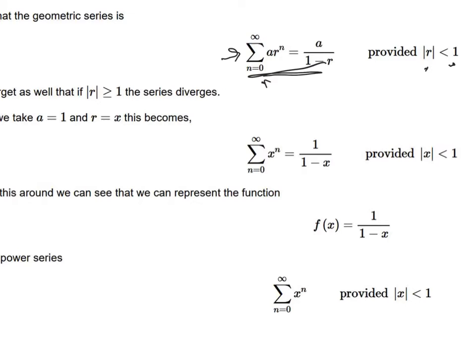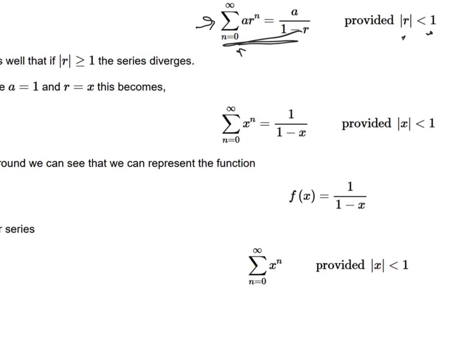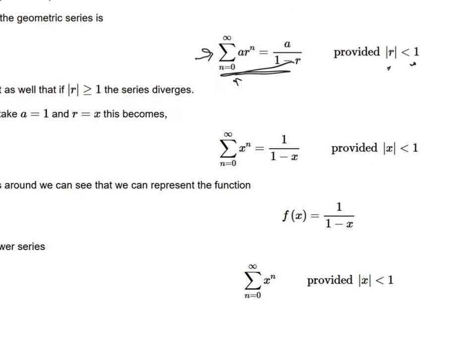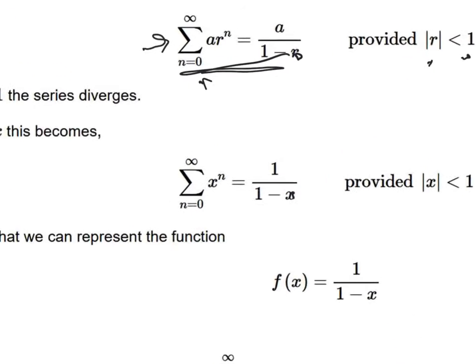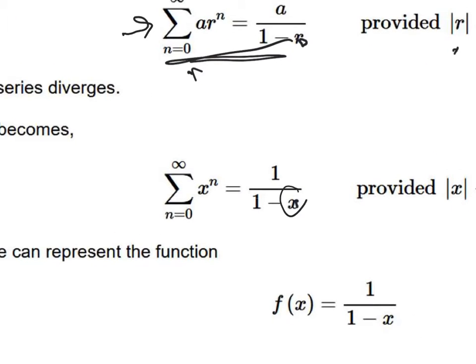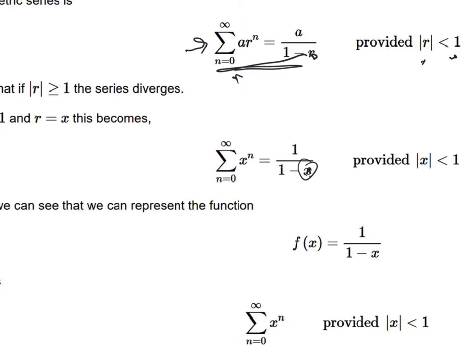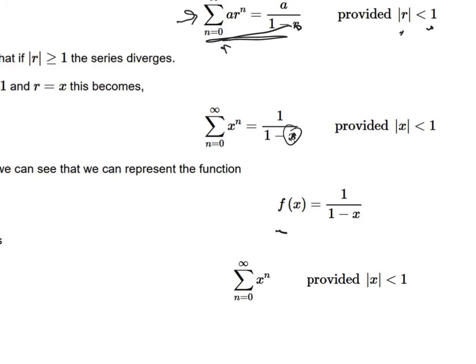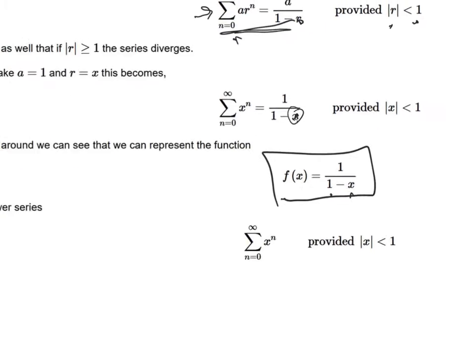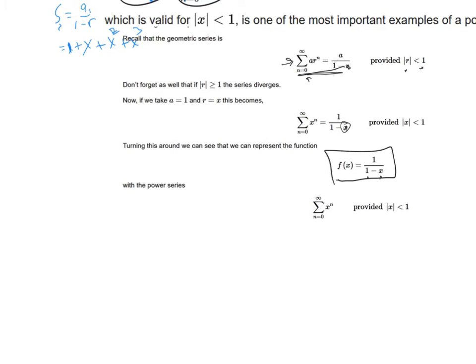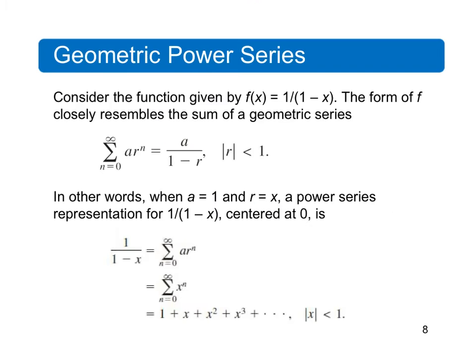What else are we doing here? Instead of looking at r, we knew our function had to have an x in it. So that's the substitution I made. So the function was 1 minus x as the denominator. That's merging the two beautiful things.